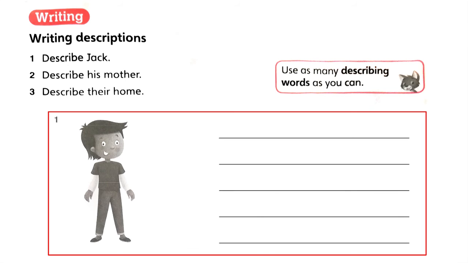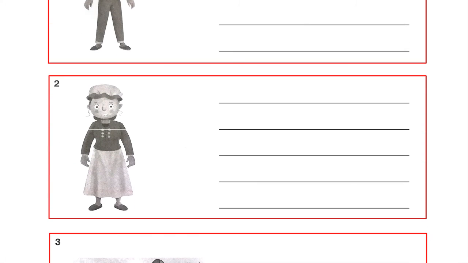He has short hair. Then you can write he has big ears, right, like that. Then about his mother, you can write Jack's mother is tall, she is a little fat. Then you can write she has long hair. So you can see the describing words, long, short, big, those are all describing words.